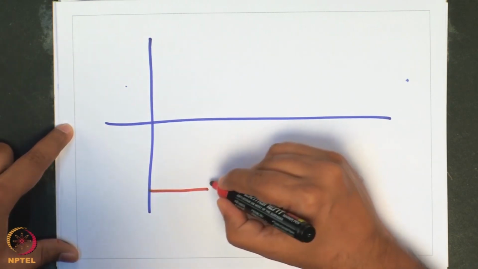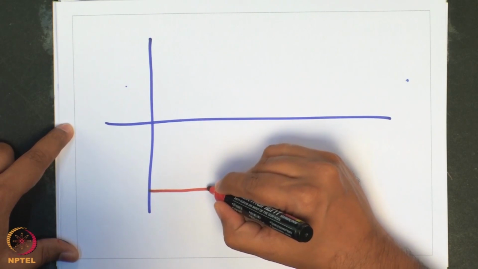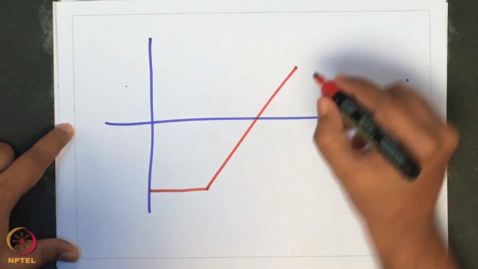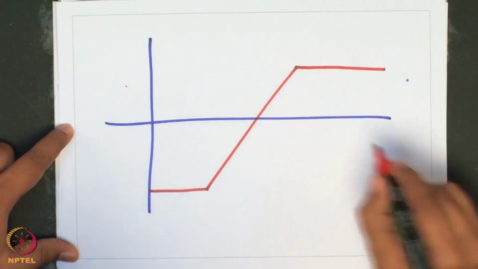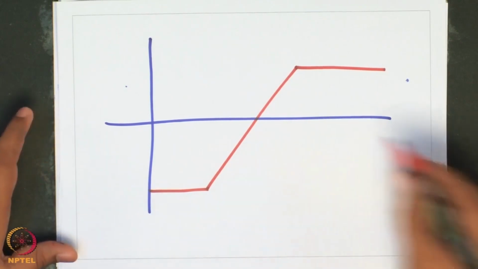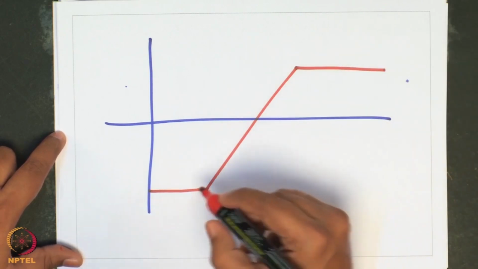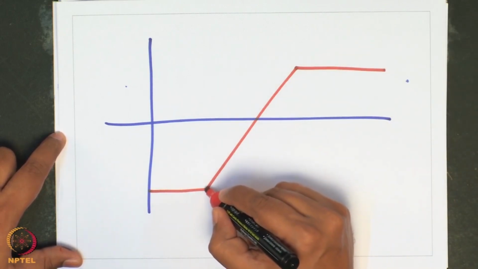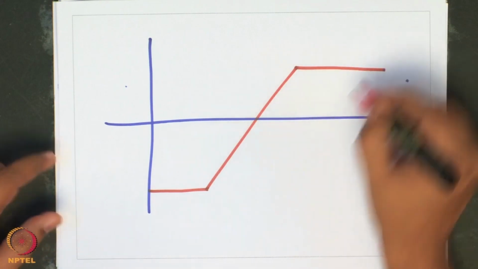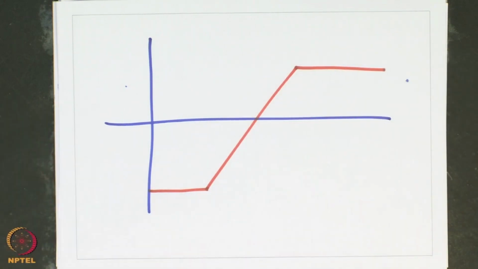If I draw a function like this, something which is small, then it increases, then it is a constant. This is not a growth curve, but it has roughly the shape of a growth curve, except that I have a sudden transition at some points.